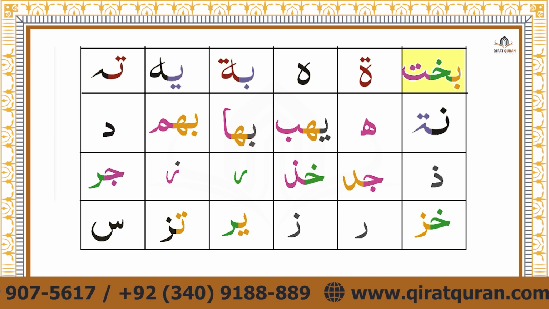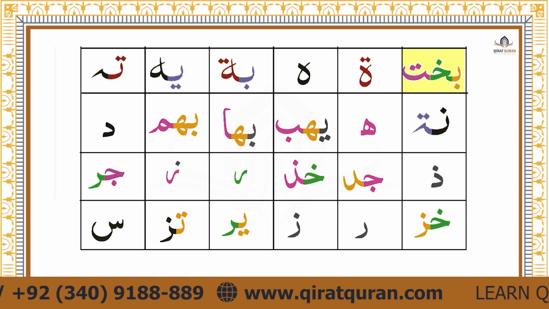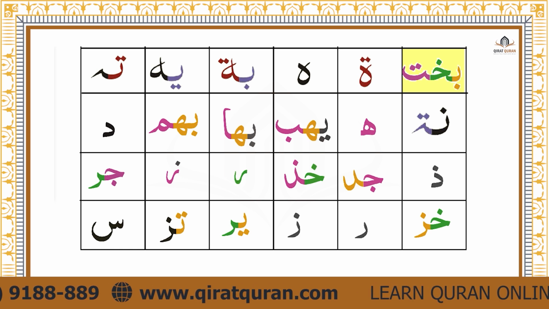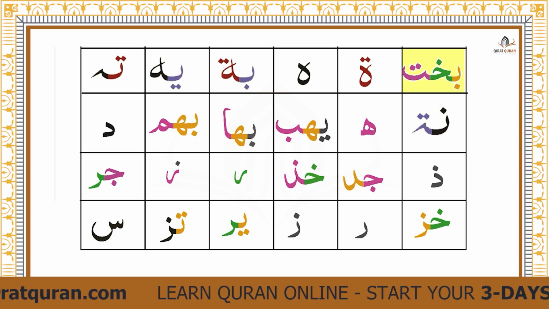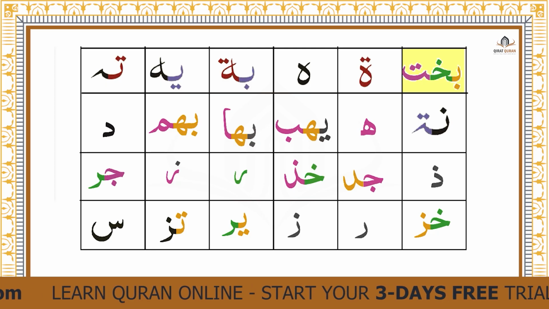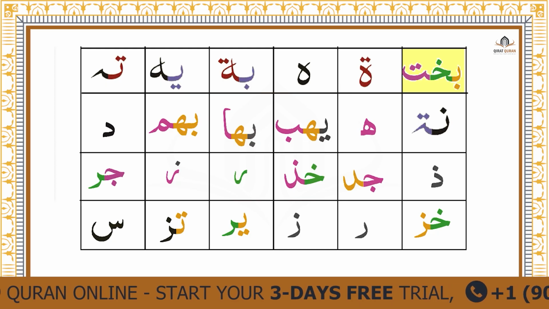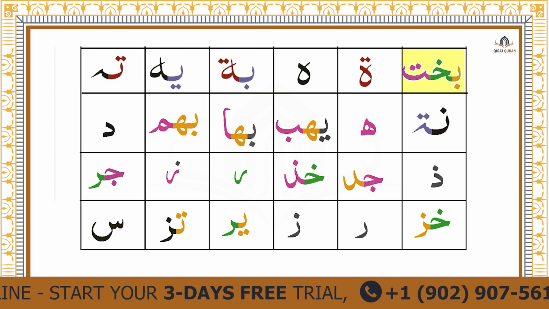And then the third letter, which has two dots at the top, is Ta. So there are three letters: Ba, Kha, Ta.